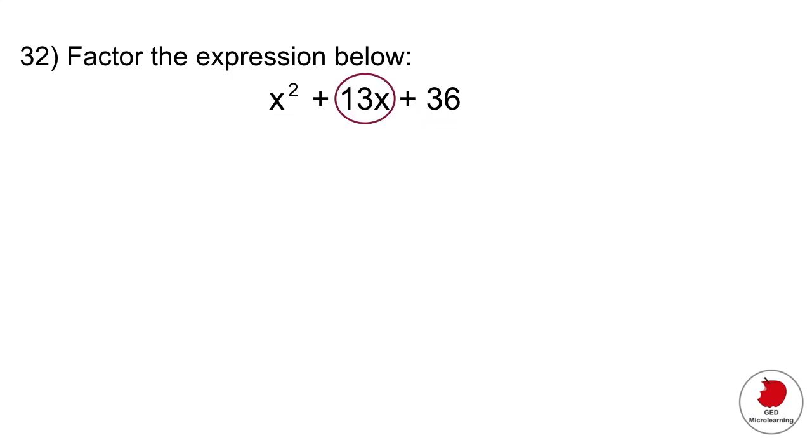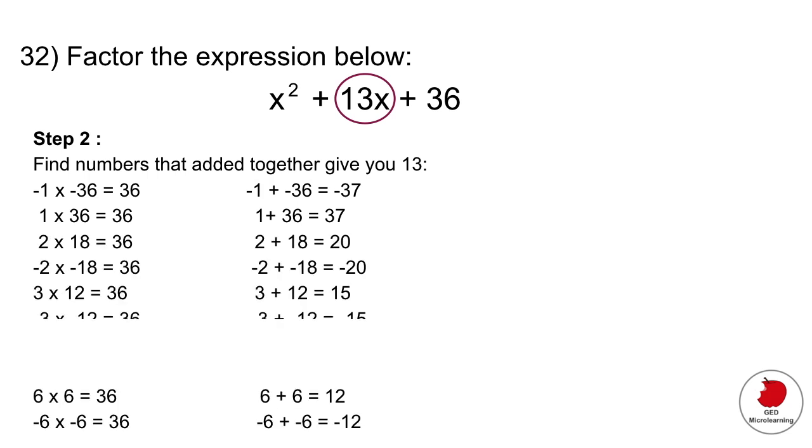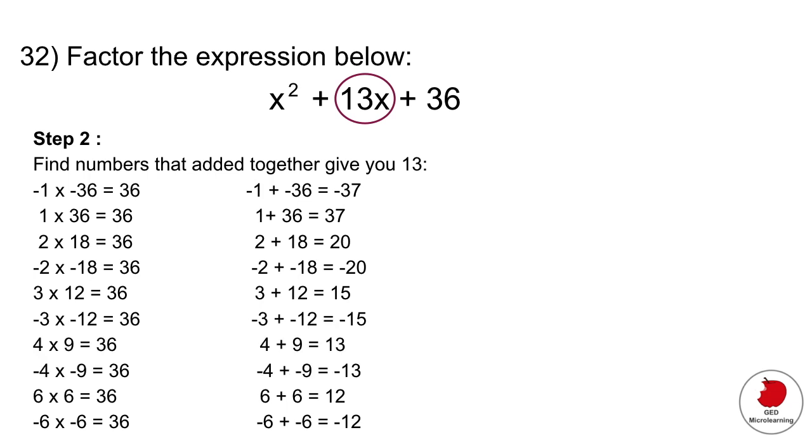Then step 2, we have to find those numbers that, when added together, give you 13. Here are just a few. I'm not going to go through them in the interest of time, but do stop the video to confirm. The correct answer is right there: 4 times 9 is 36, and 4 plus 9 is positive 13.